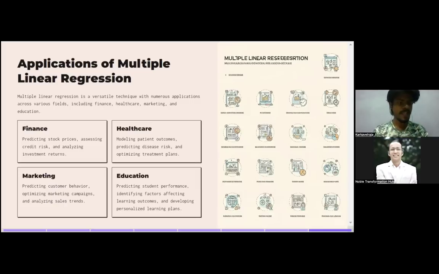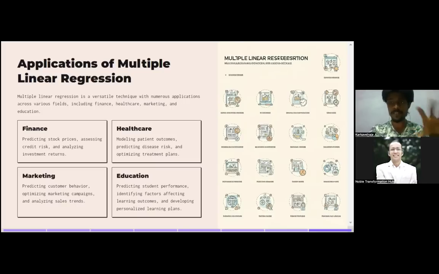Finance: it predicts stock prices, assesses credit risk, and analyzes investment returns. So these are the applications related to the finance domain. Healthcare domain: modeling patient outcomes, predicting disease risk, and optimizing treatment plans.